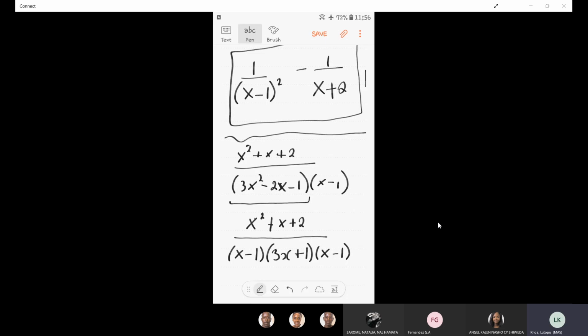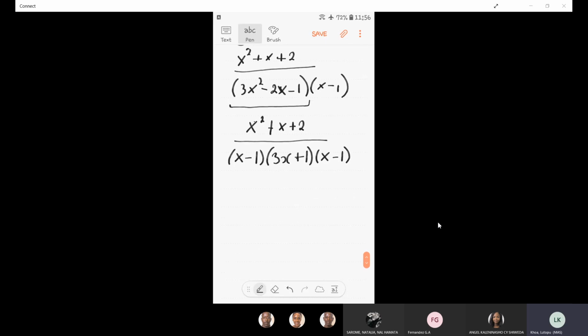Okay, so I hope I factorized it correctly. So you can confirm that is correct. You know how to factorize it, so that's why I didn't show any of the working.